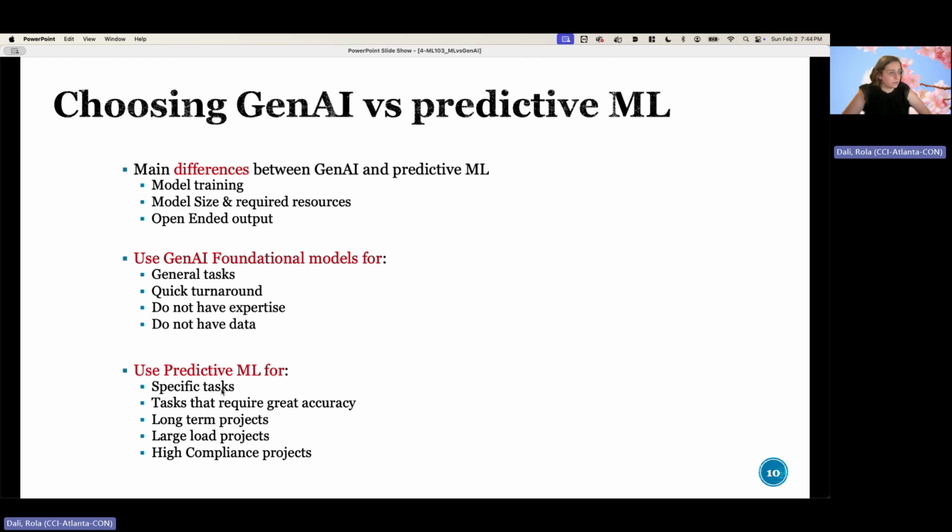You use predictive ML for very specific tasks, tasks that require great accuracy, because you can control accuracy and compliance a lot more with predictive ML than GenAI. If something is a long-term project, the price of a GenAI model will catch up to you. If it's a really long-term project, training your own model in the long run will become worth it.